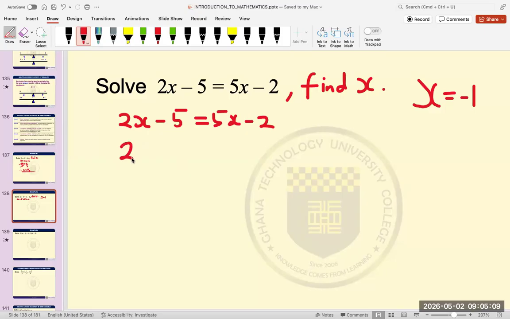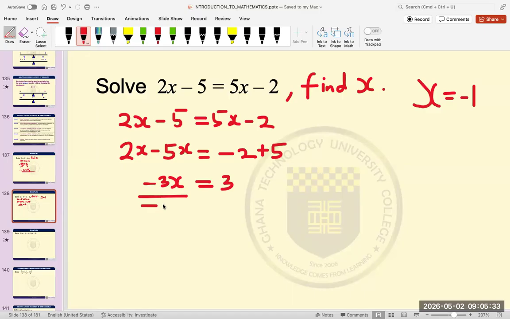So we have 2x minus 5x equals minus 2. Negative 5 is positive, so it becomes positive 5. We have negative 3x is equal to positive 3. We want x to stand alone, so we divide every side by negative 3.